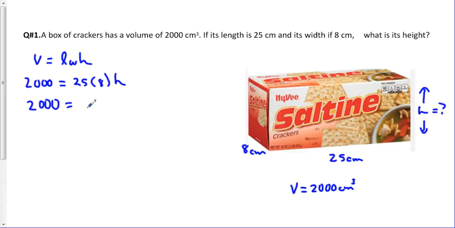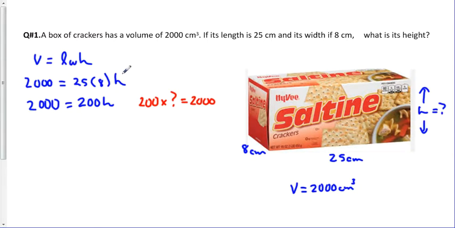And again, you can always pause and rewind and restart the video as you need to. But 25 times 8 gives us 200. 200 times whatever the height is going to give us our volume. So think of it this way. 200 times what number? Because that gives us that 2,000 volume that we need.